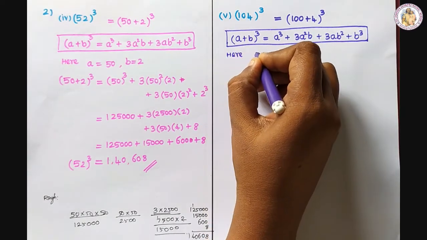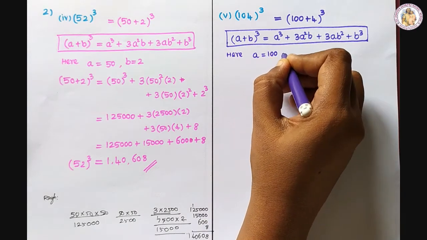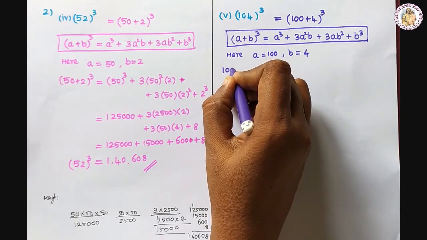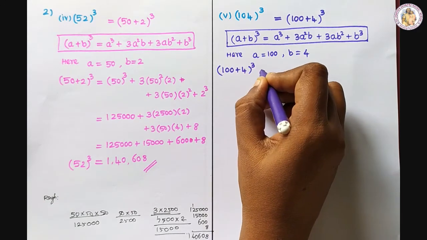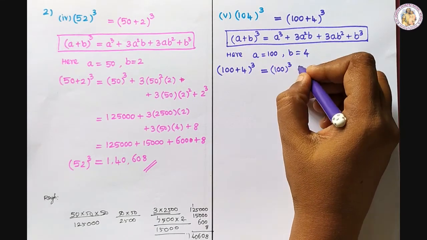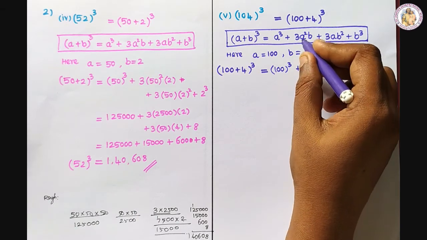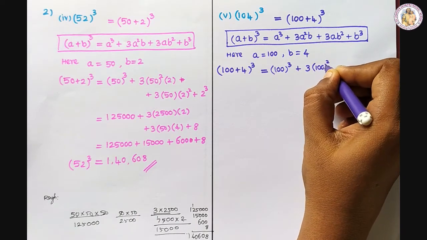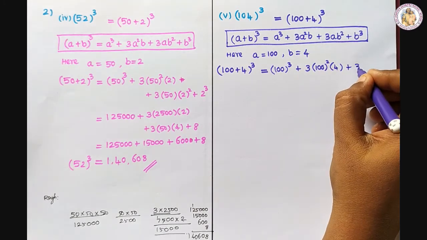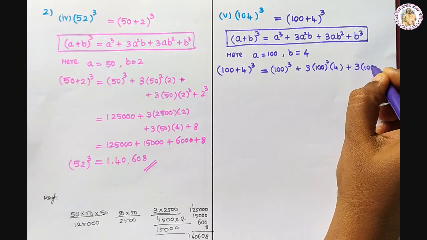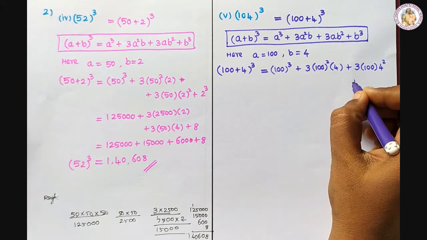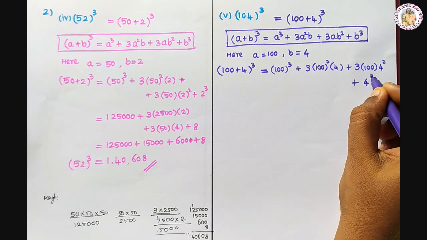Here a equal to 100 and b equal to 4. 100 plus 4 whole cube equal to 100 cube, a cube, 100 cube, plus 3 into a square, that is 100 square, into b, that is 4, plus 3 into a, which is 100, into b square, that is 4 square, plus b cube, 4 cube.